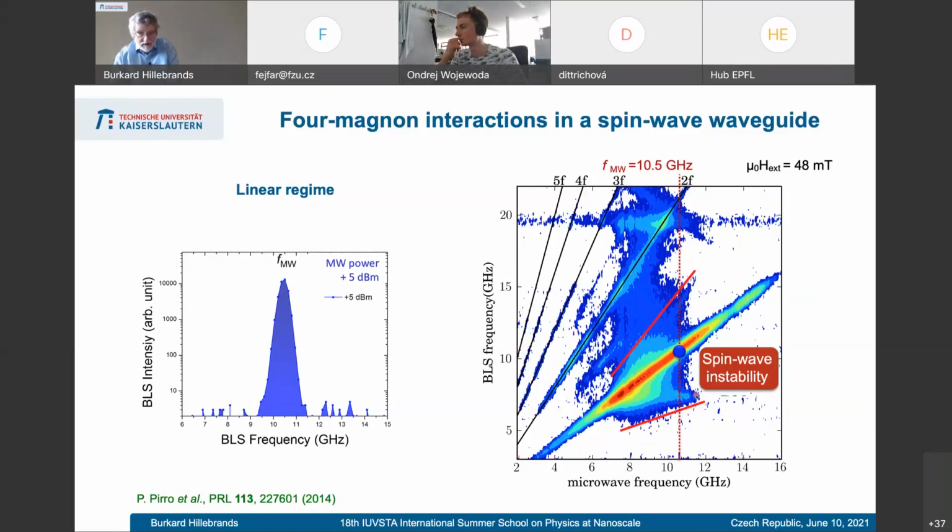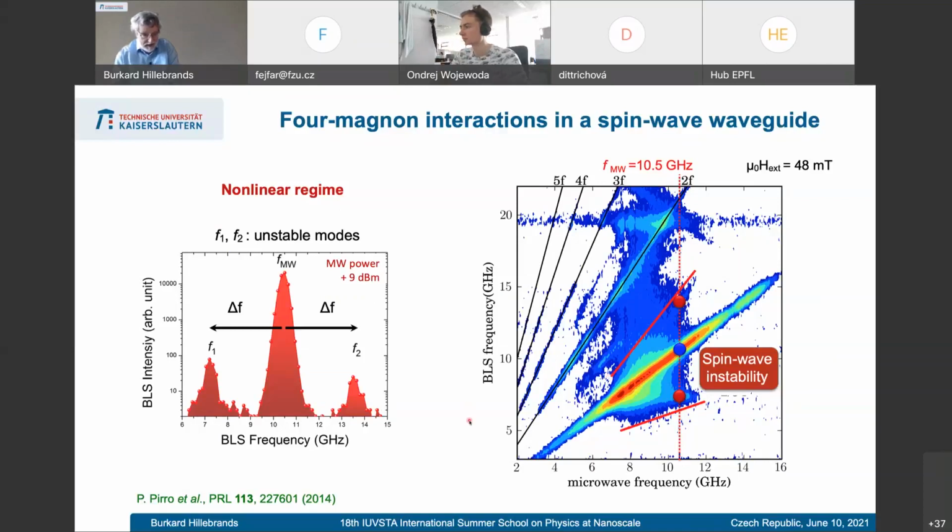But now if we excite in the nonlinear regime, then we get these interesting sidebands, what you see here. That is called spin wave instability. And actually what happens here is nothing else than 4 magnon scattering.